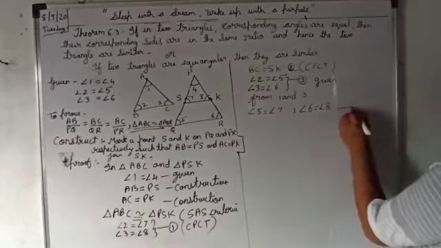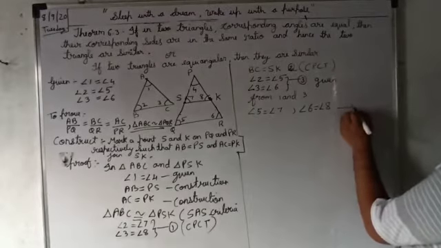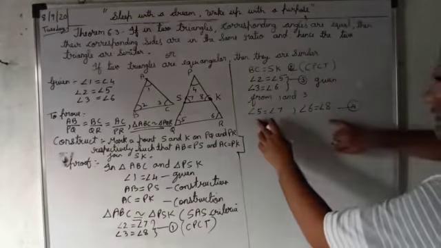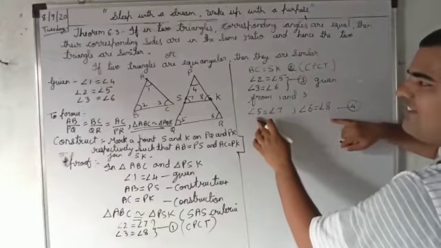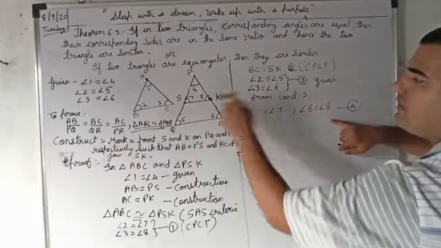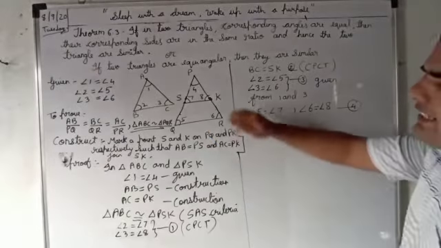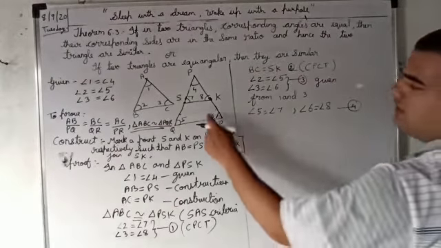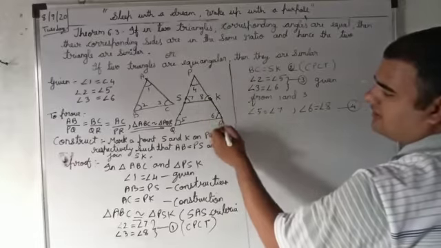Name this as 4. Now from 4, see: angle 5 equals angle 7, angle 6 equals angle 8. Are they corresponding angles? F formation is there, you can see it just above this.